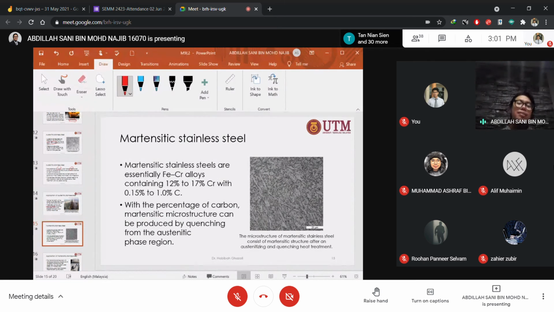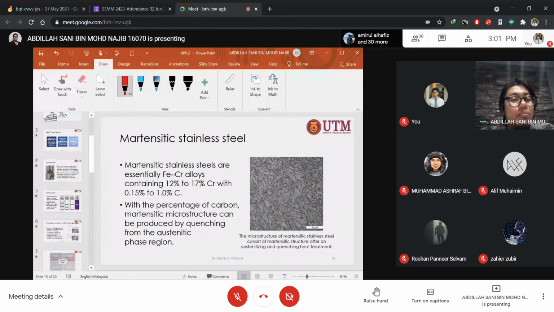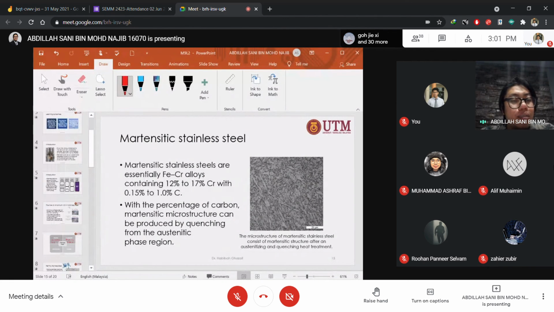Martensitic stainless steels are essentially iron and chromium alloys containing 12 to 17 percent chromium with 0.15 to 1 percent carbon. So 12 to 17 chromium. Let's jot that down.